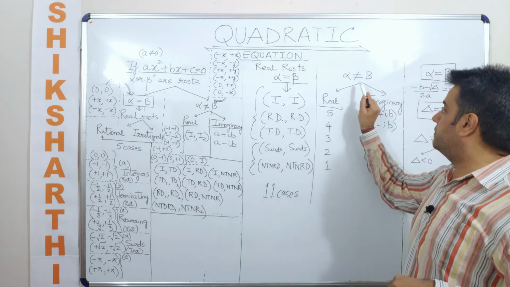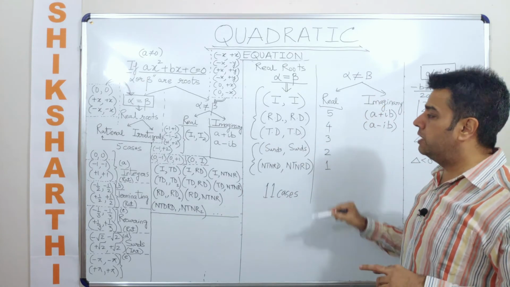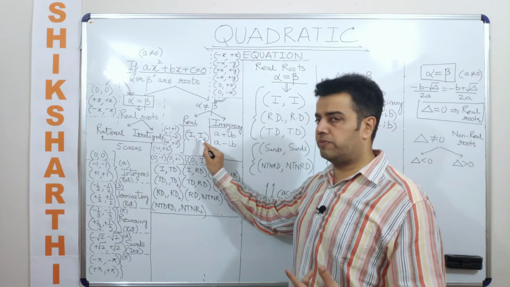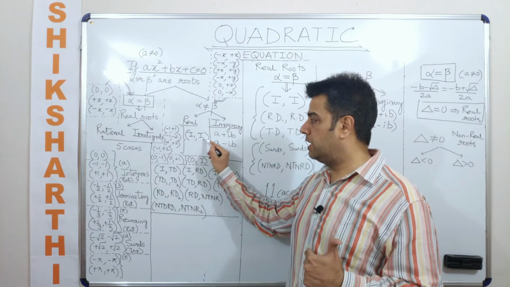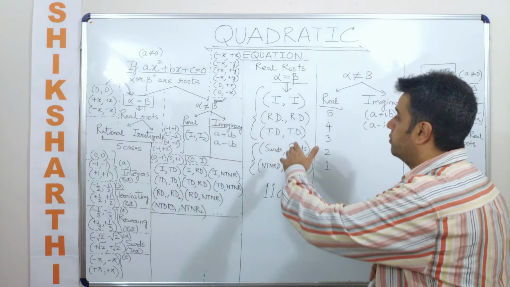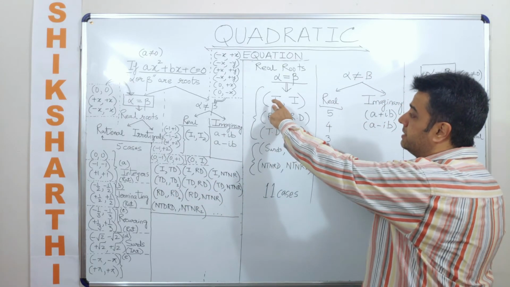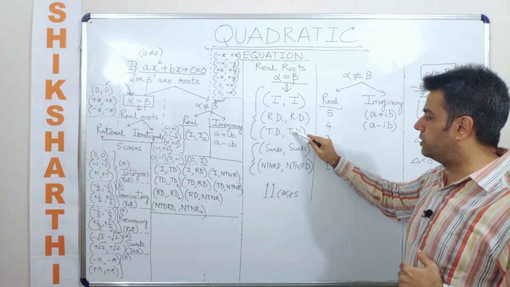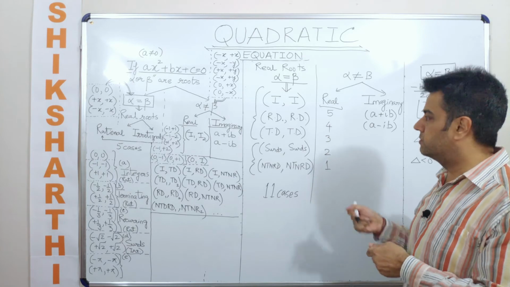I am talking about when there are two roots which are not equal, what are the cases that I can take? Either I'll take both of them as integers but not equal, or I take one of them to be an integer and the other as something else. So from here, along with an integer, how many other cases could I have taken for the other root? 1, 2, 3, 4, 5 cases.